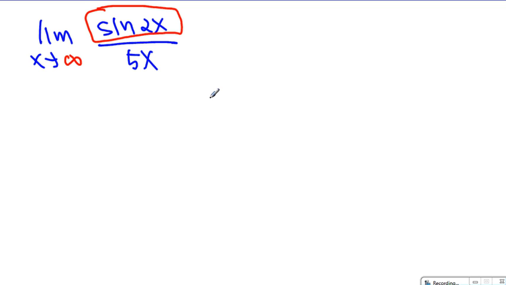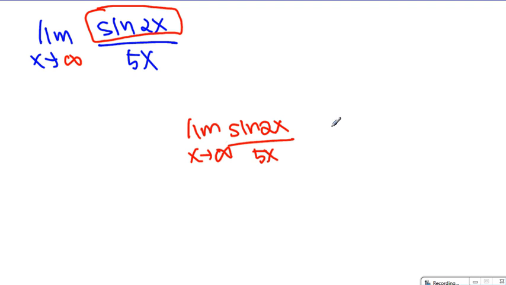But one way we can do it is this way. As we mentioned earlier, sine of 2x goes from 1 through -1, so the limit of sine of 2x over 5x as x approaches infinity has to be less than or equal to the limit of 1 over 5x as x approaches infinity.